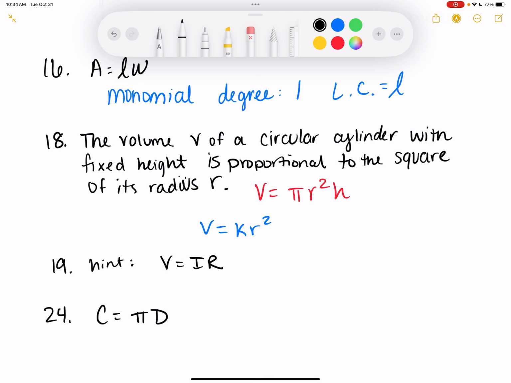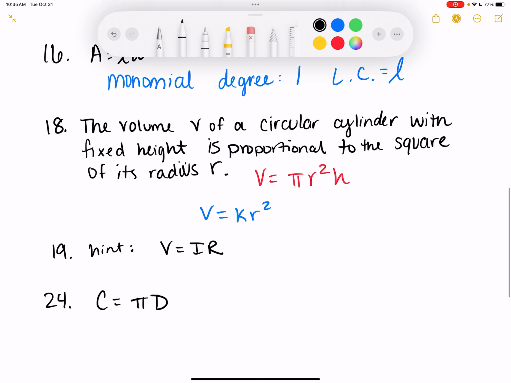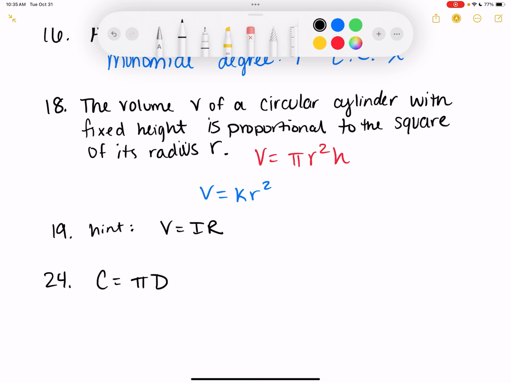So they want us to say if it's proportional or if it's direct variation. This one is going to be proportional because it is something being multiplied by something else. If you change one, it's going to change the other as well, like proportionally changing.